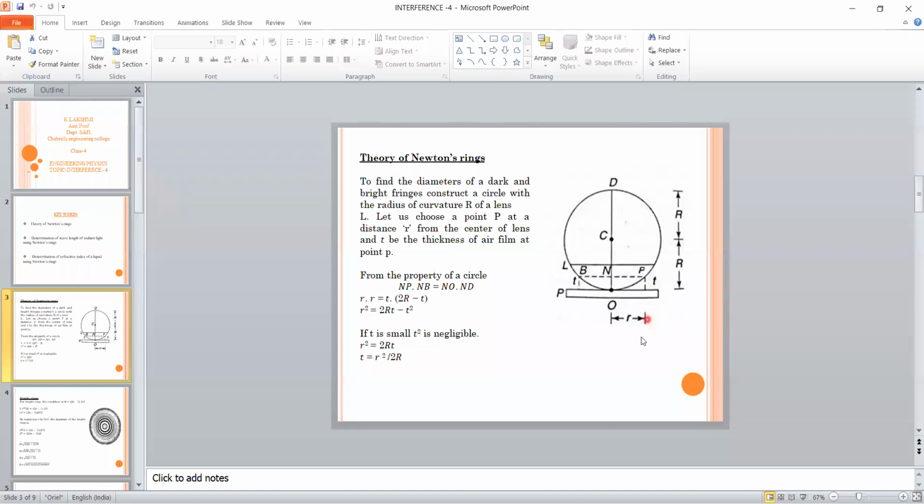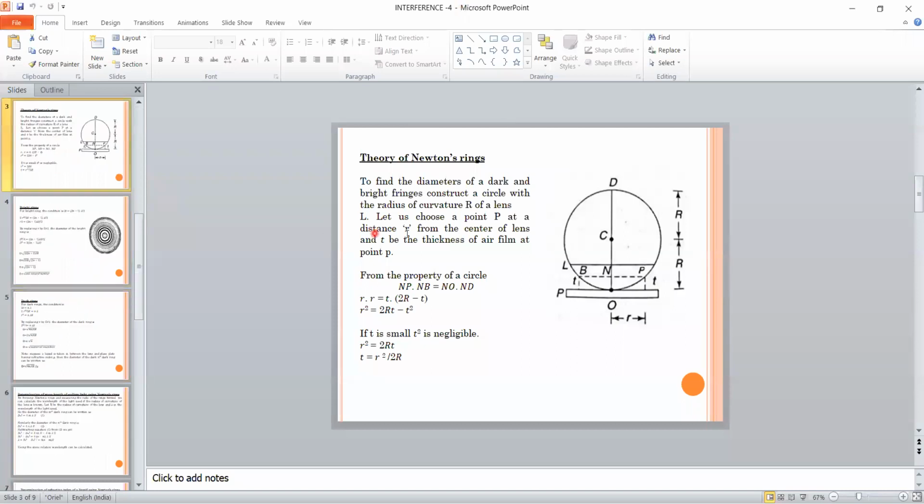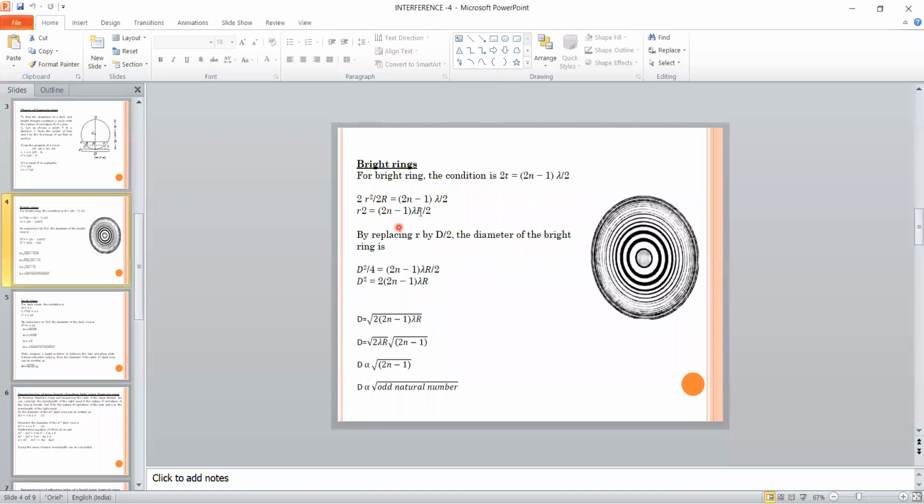But still we have to determine the diameter of the dark and bright rings. So this is the bright ring. Already in the last class I discussed how the Newton's rings pattern is formed. For every bright ring there is a dark ring. This is the Newton's rings pattern.